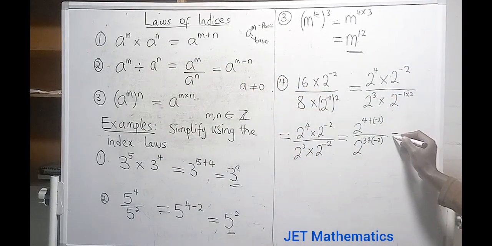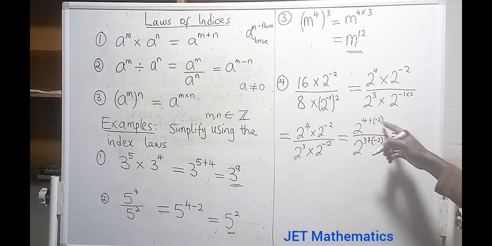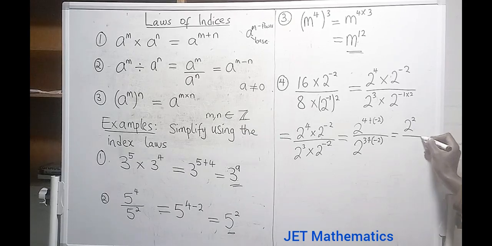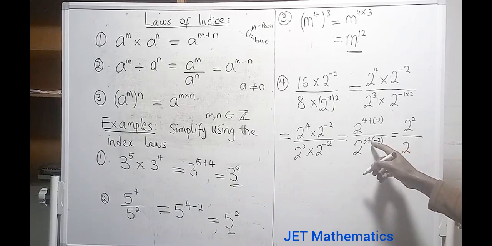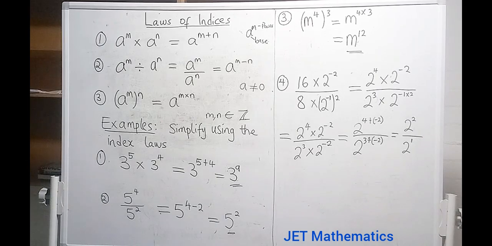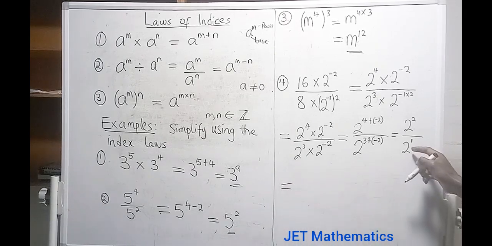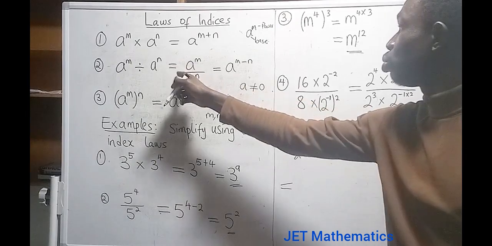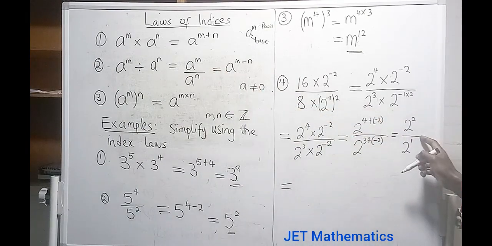So this gives me 2 plus minus 2, that gives me 2. Then here gives me 3 plus minus 2, that gives me 1. Okay? So at the end of the day, we'll apply law 2. Law 2, we'll apply it here. You see that?